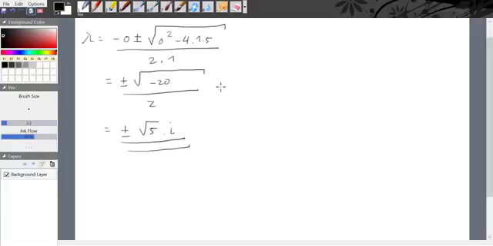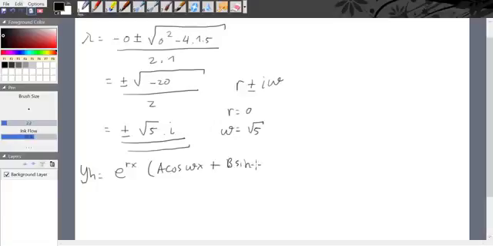So remember this form, r plus or minus i omega. We have our r equal to 0, and our omega equal to the square root of 5. So the homogeneous solution of this case is equal to e to the rx times (a cosine omega x plus b sine omega x).